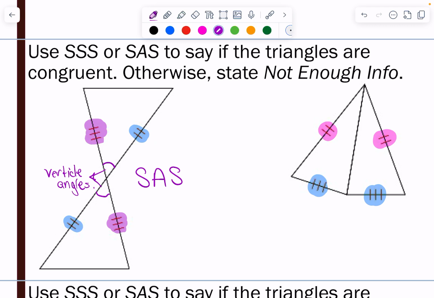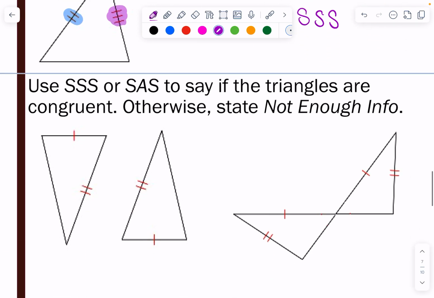Well, the problem is I don't have an angle that I can say, but due to the reflexive property, I'm going to write that here, due to the reflexive property, we know that this side has to be congruent to itself. So therefore, we know these two triangles are congruent by side, side, side.